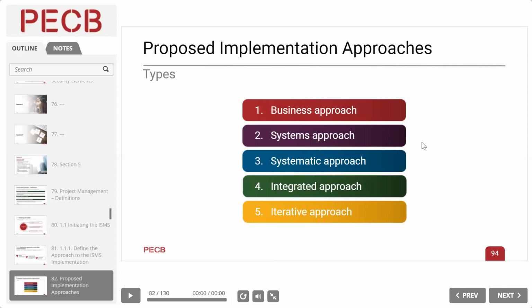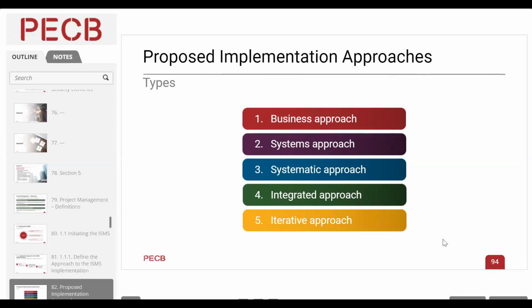An integrated approach ensures that we are not creating new processes, but we are adjusting, refining, and embedding security practices within the processes that we have existing. So we don't add new information security practices. We integrate.